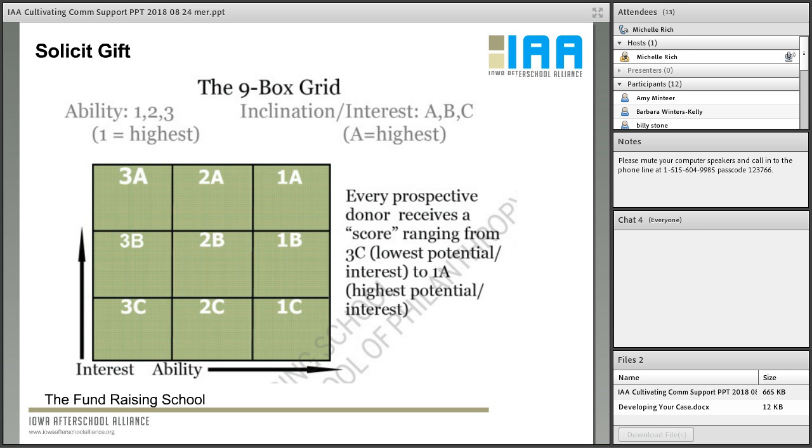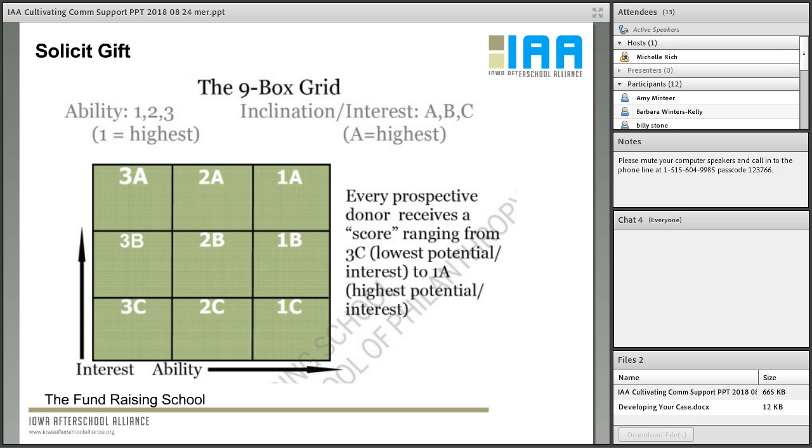You're not going to know the interest and ability for every person or every corporation or every potential partner in your community, but there's a good chance that someone on your board does have an idea of this. So come into a meeting with a list of names, corporations, or foundations, these potential partners, and have people on your board go through and do these rankings so that you know where to dedicate your time and make your priorities. I think that's key, that this is prioritization.